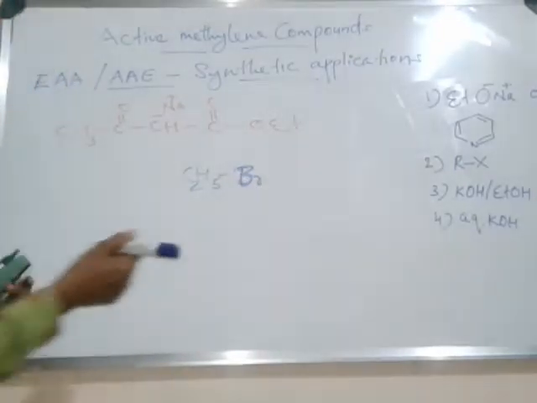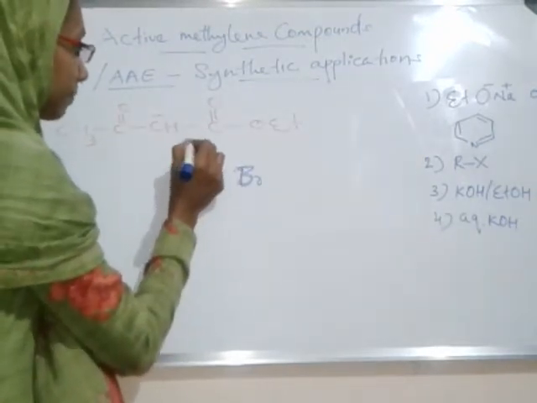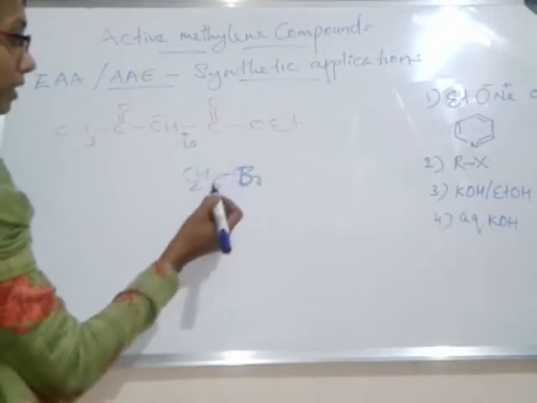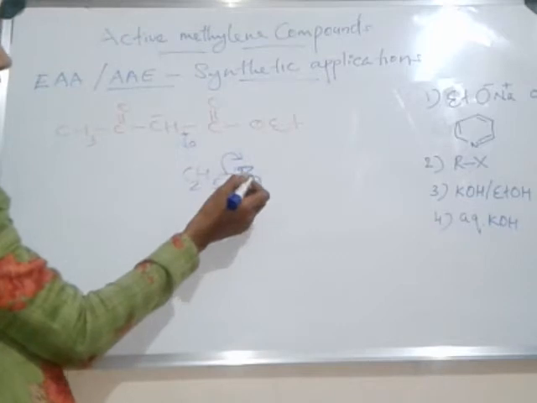C2H5I, ethyl iodide, or ethyl bromide. We know that bromine is electronegative, and because of the Na+ here, this electron goes to the bromine and Br- is formed.